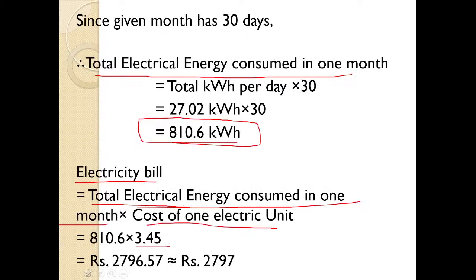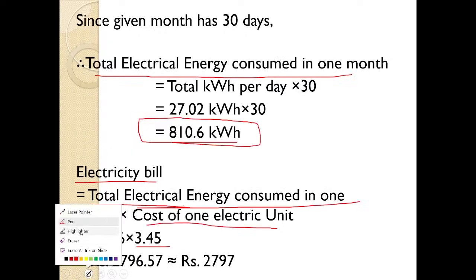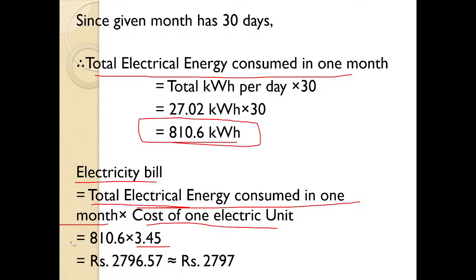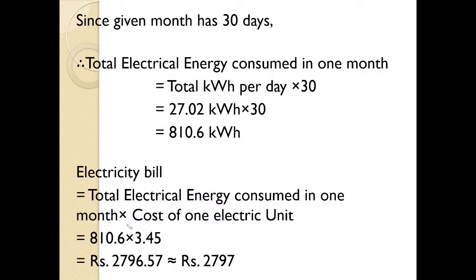So see here, the total electricity bill is equal to the total energy consumed in 1 month into the cost of 1 electric unit.